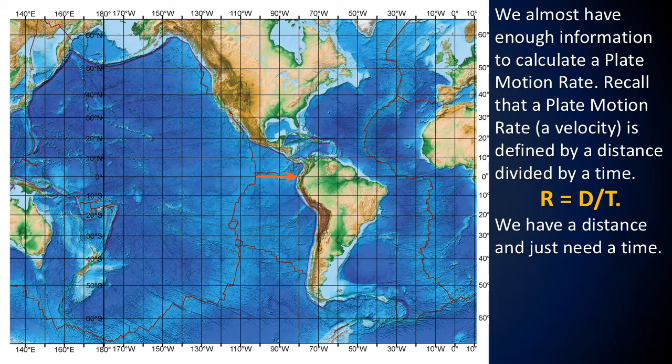We almost have enough information to calculate a plate motion rate. Recall that a plate motion rate or velocity is defined by a distance divided by a time. Rate equals distance divided by time. We have a distance, we just need time.